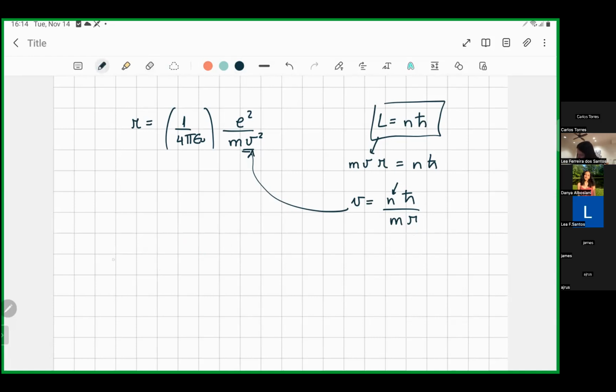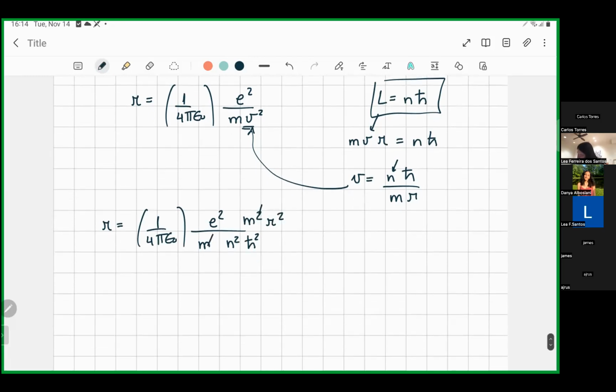Okay, so we have r is that constant. We have e squared, m, and now we have n squared, h bar squared, m squared, r squared. So this m cancels, and now we have an equation for r. We see that there is an r here and another one.